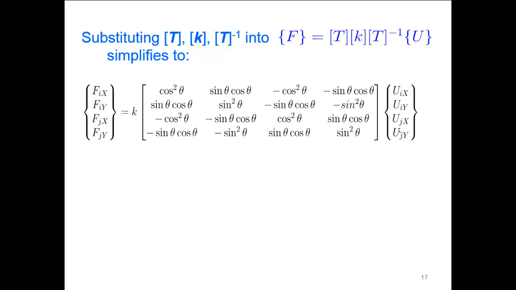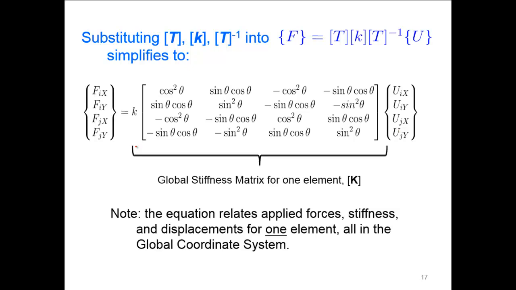And now what we have here in the middle is our global stiffness matrix for one element. It's not the global stiffness matrix for the whole system, it's just for one element. So it relates the applied forces and the stiffnesses and the displacements for one element, all in the global coordinate system.